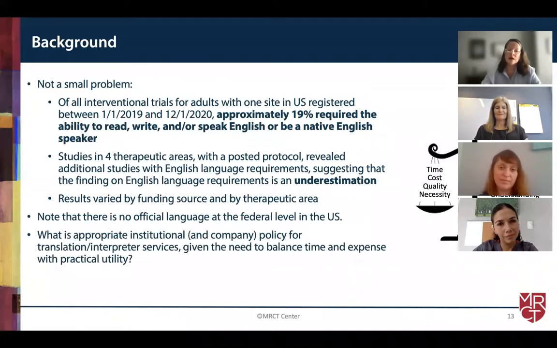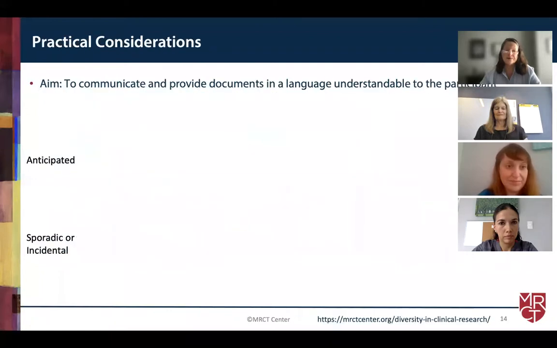So, one question for us now is, what's the appropriate institutional and company policy for translation and interpreter services, given the need to balance the time and expense with practical utility? And we really want to think through what's a reasonable ask, what's an equity ask, and how does that interface and intersect with justice?